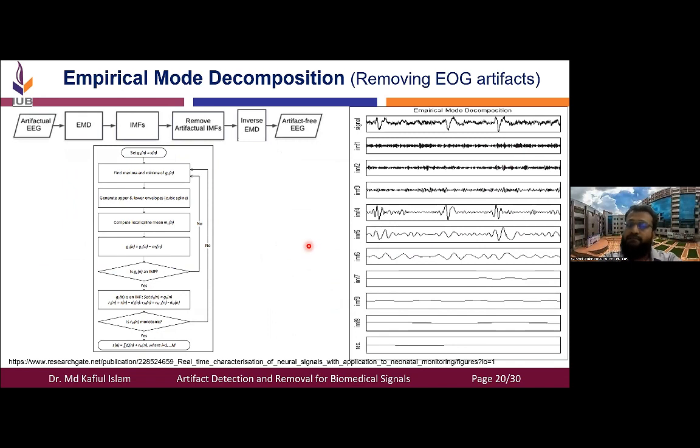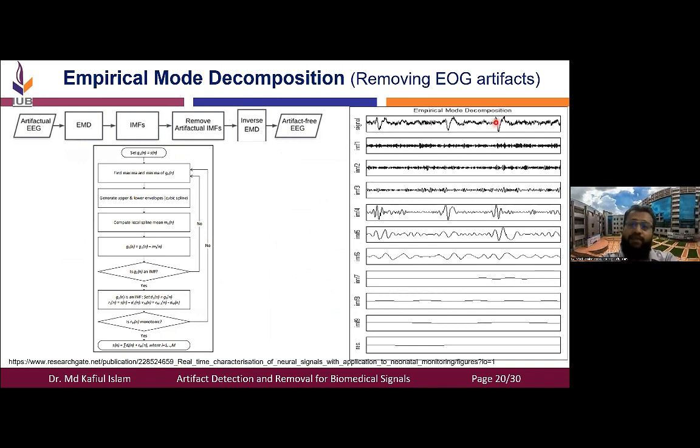Another technique is known as empirical mode decomposition, which relies on the Hilbert-Huang transform. The good thing about empirical mode decomposition is that it does not require any basis function, unlike wavelet transform. So it is more like a data-driven technique.